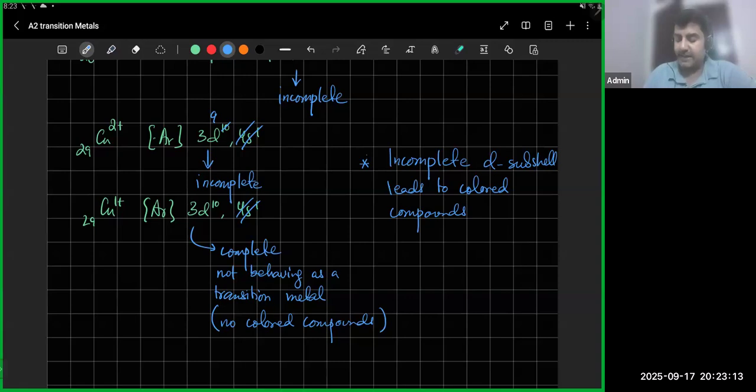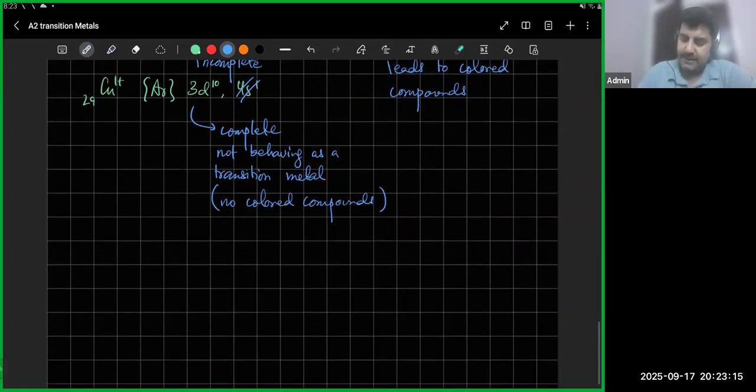It's the same reason for zinc as well. Zinc's compounds are white. If you talk about zinc 2 plus, it's got 30 electrons. Its electronic configuration would be argon followed by 3d10 4s2. Since it's 2 plus, its outer electrons are gone.